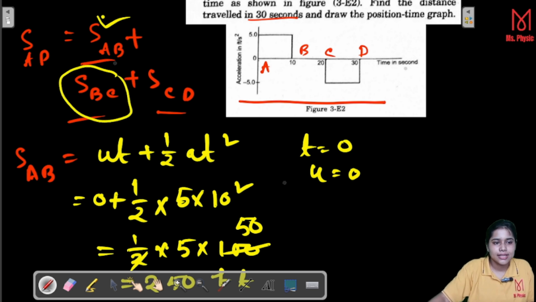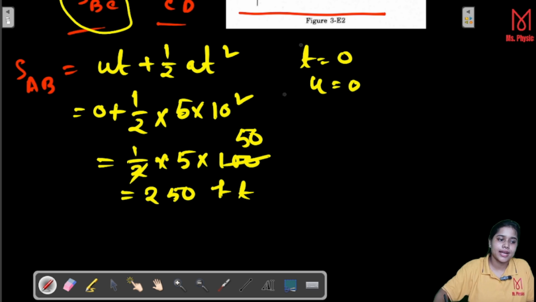Now you see that between points B and C, it is going with the same velocity. The velocity doesn't change, there is no acceleration. Acceleration 0 means velocity is constant, isn't it? From B to C. That means we have to find the velocity at the point B. So how can we find it? We know the formula V is equal to U plus AT.